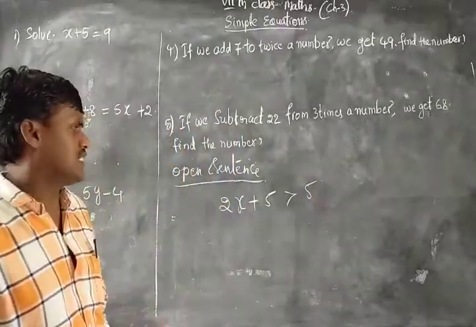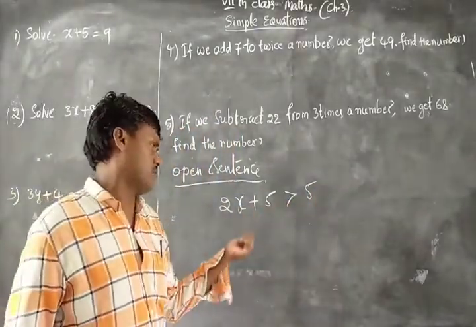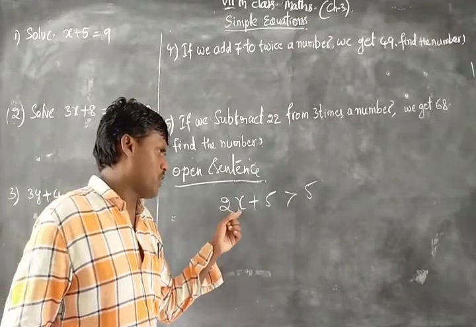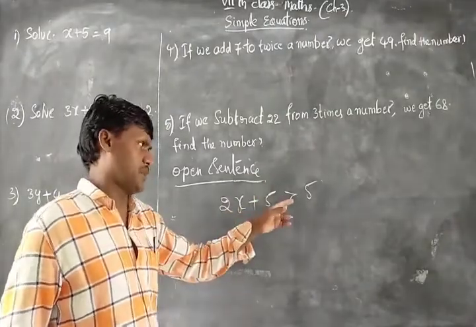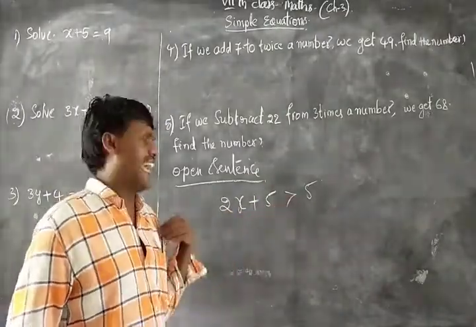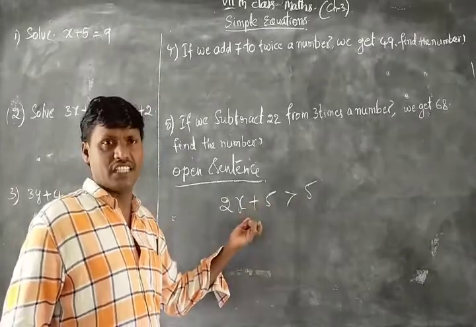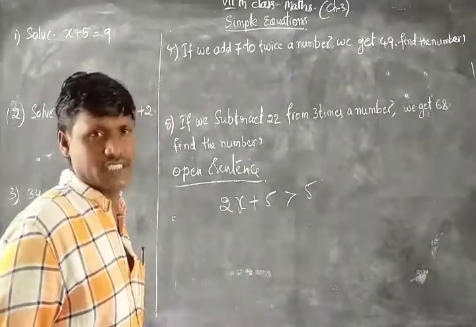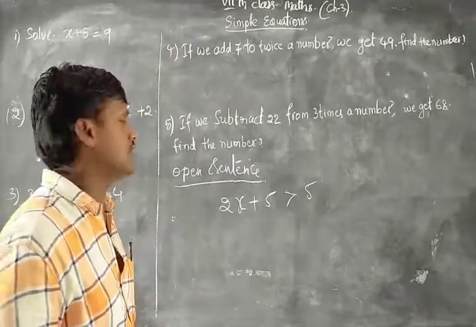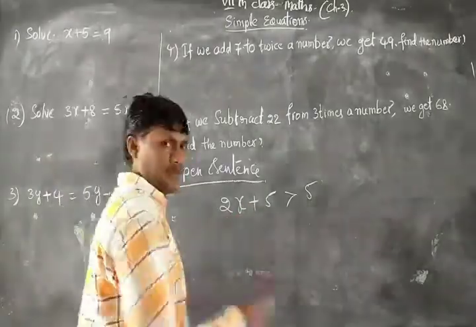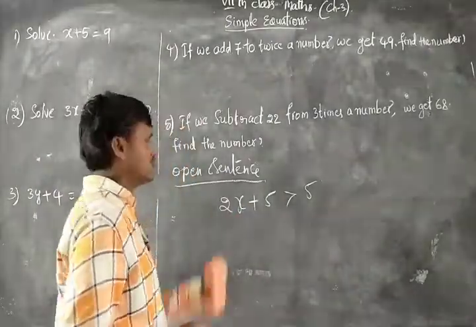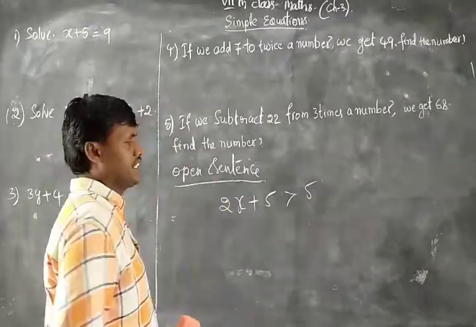Then we cannot verify whether it is true or false. When you substitute for the variable, it may be greater than or less than, so exactly we cannot say that it is greater. This kind of sentence is called an open sentence.